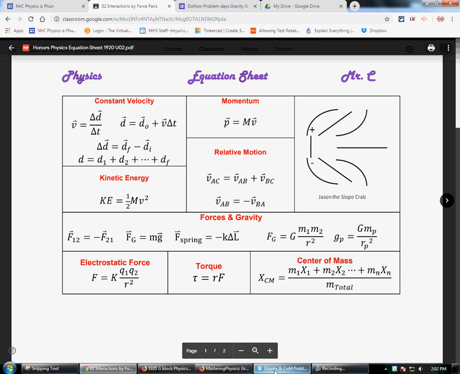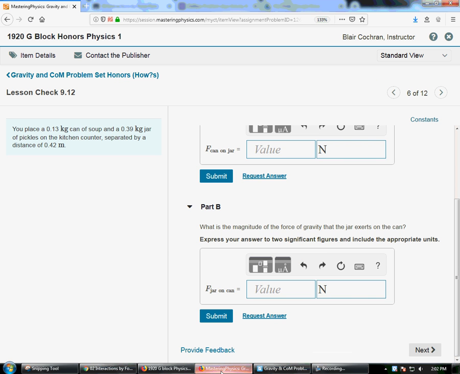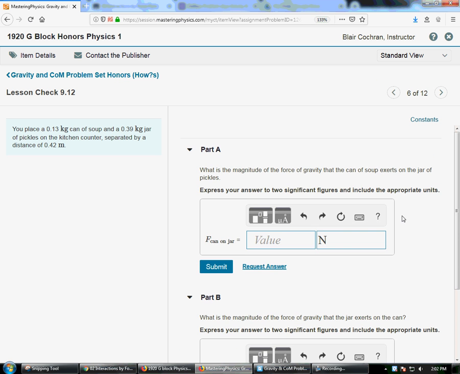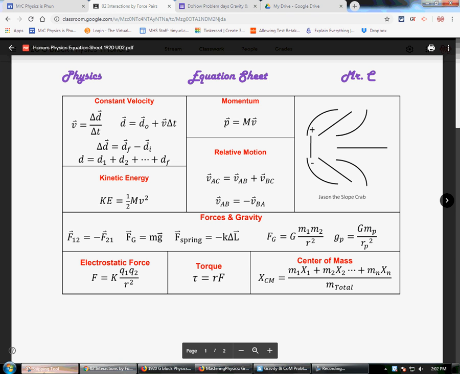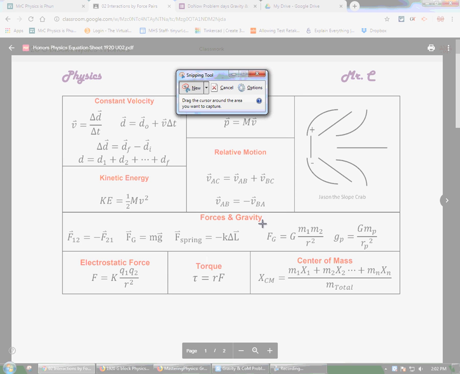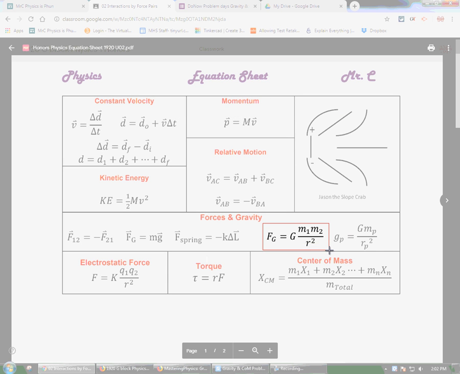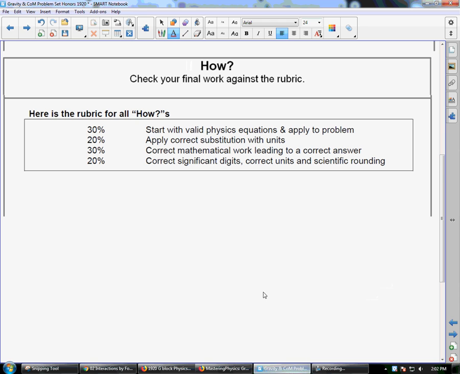So this problem is about gravitational force. And so I need my gravitational force equation, which is the one right here, and then I can paste that in there.